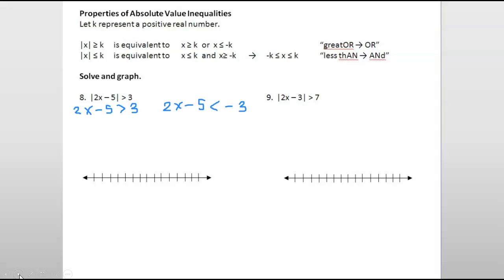Solve for x. So you get x is greater than 4 or x is less than 1.